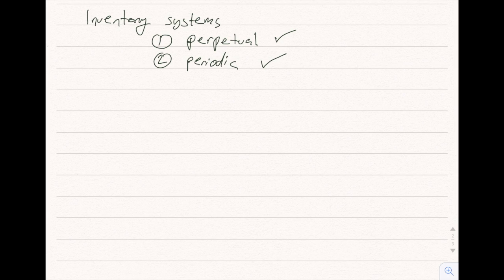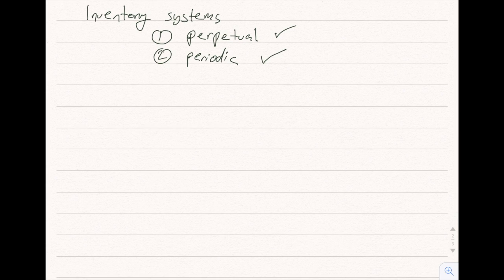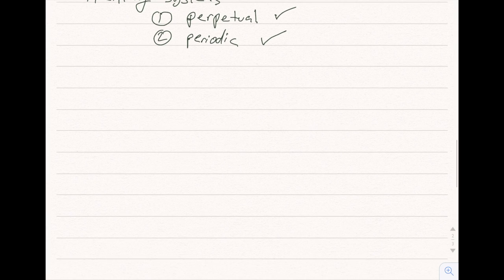Okay, so it's not really real time. So those are the two systems. You should be familiar with them because certainly I think every accounting class talks about them. I would guess that perpetual is a lot more common, but periodic still exists, at least in some contexts.